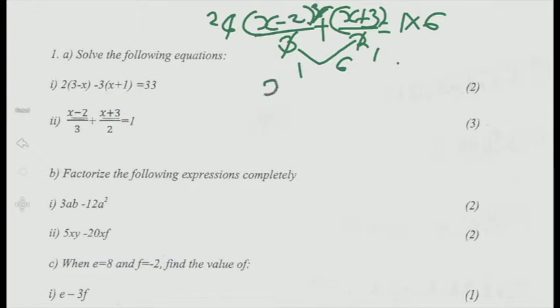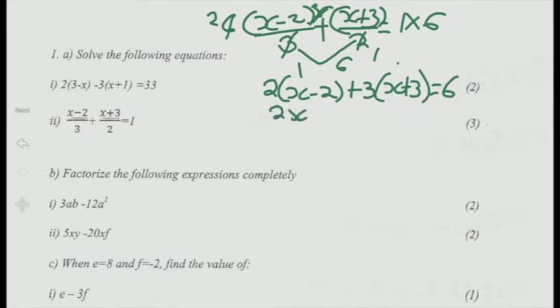So we have 2 into x minus 2 plus 3 into x plus 3 is equals to 6. Why is it equals to 6? Because 1 times 6 will give us 6. And then 2 times x, we have 2x minus 2 times 2, we have 4.